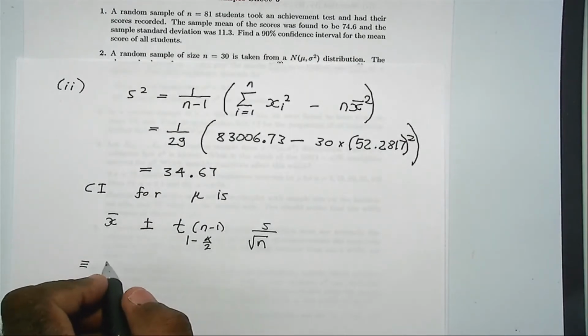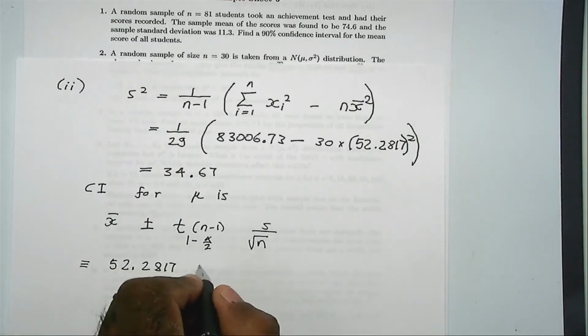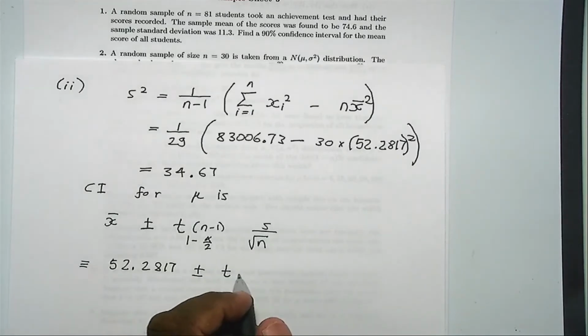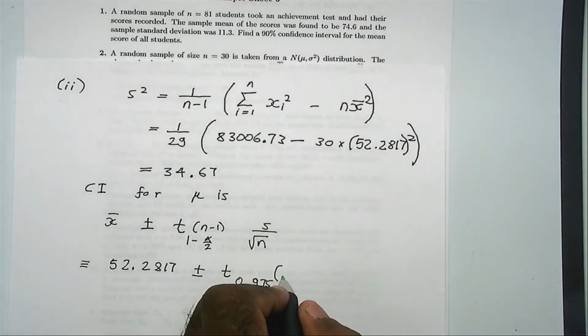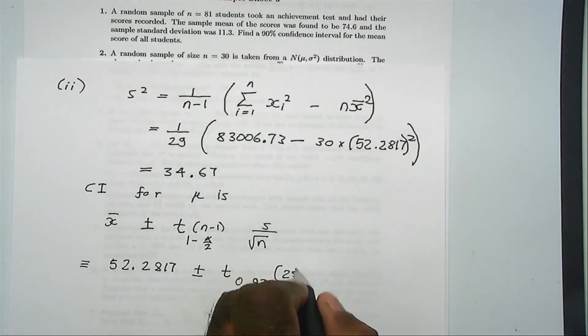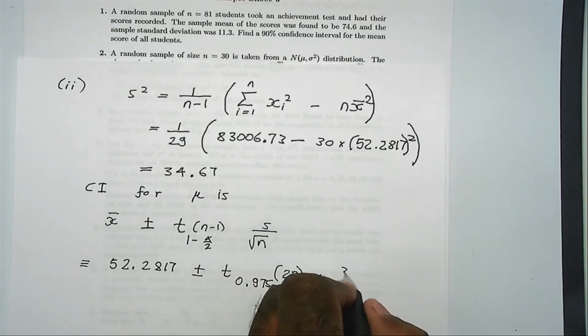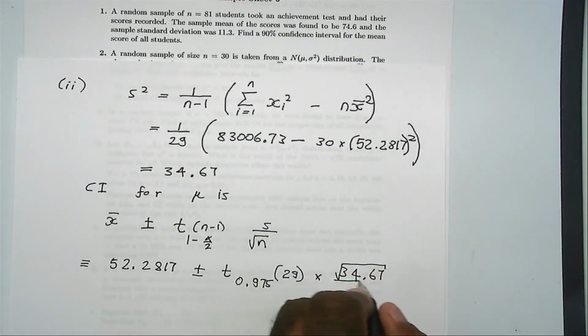So x bar, we know what it is equal to 52.2817 plus or minus t, when alpha is 0.05, so this is going to be 0.975 with a degree of freedom of n minus 1, which is 29, times s we have is the square root of that, which is the square root of 34.67, and n is 30, right?